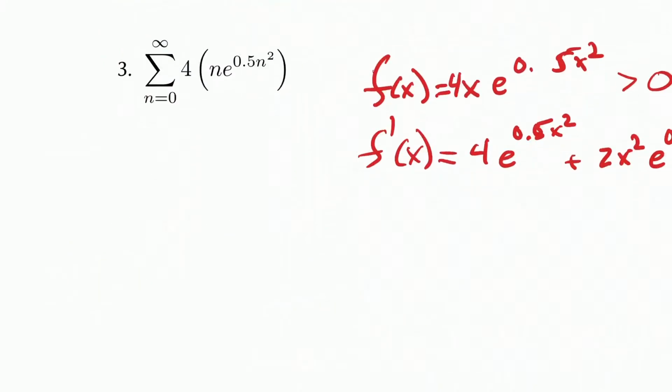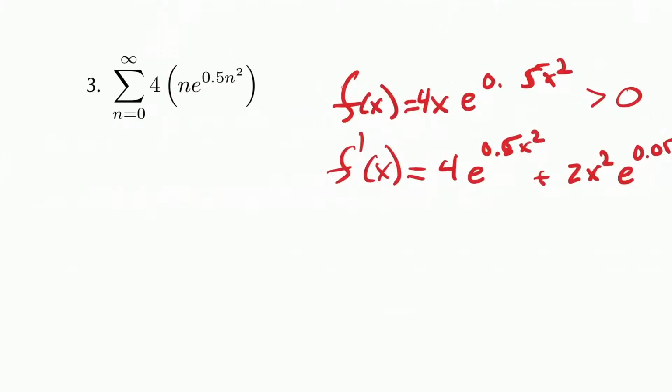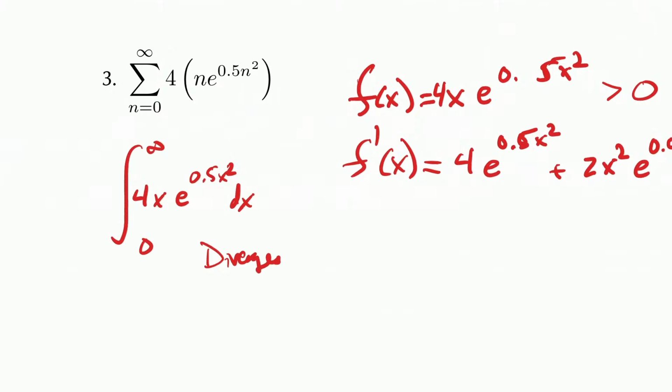this one does diverge. Let's see, why is that like that? Wait, I never did it? Oh, I never did it. Yeah, so I guess I was like, oh, I'm not going to do it. But if you do this integral, 4x e to the 0.5 x squared from 0 to infinity, this diverges. You might wonder, what is that one?